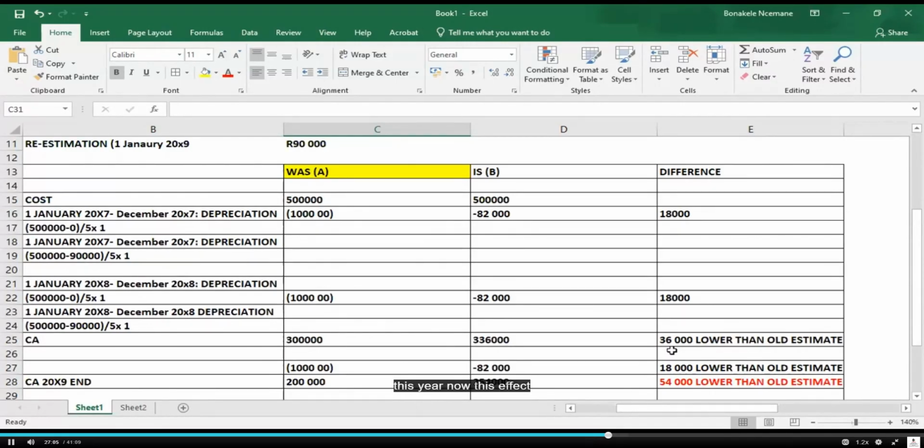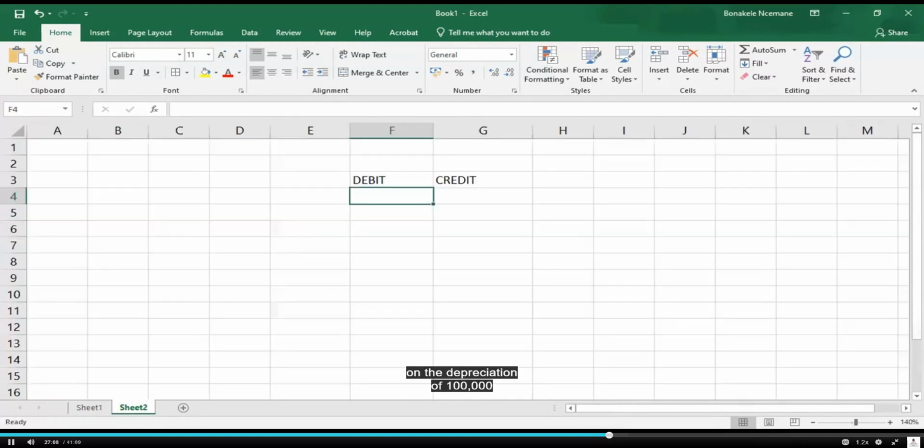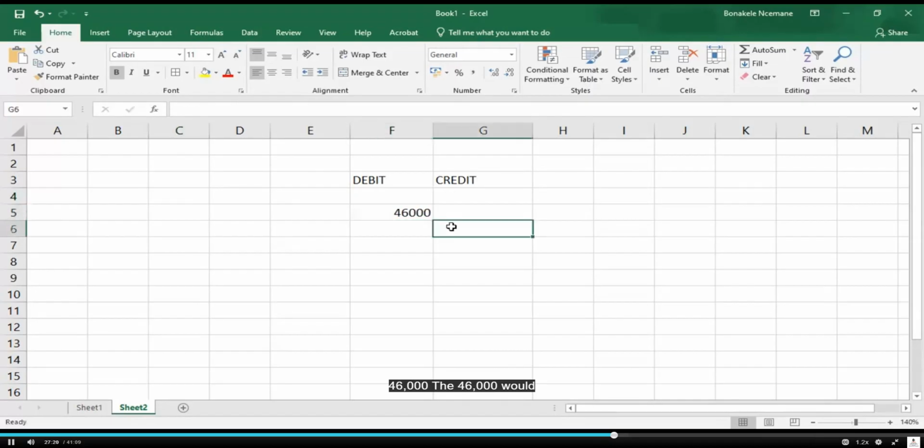So if this effect on the depreciation of 100,000 is 54,000, you have to take 100,000 minus 54,000, and the cumulative difference would be 46,000. And the 46,000 would be recorded in the current year.